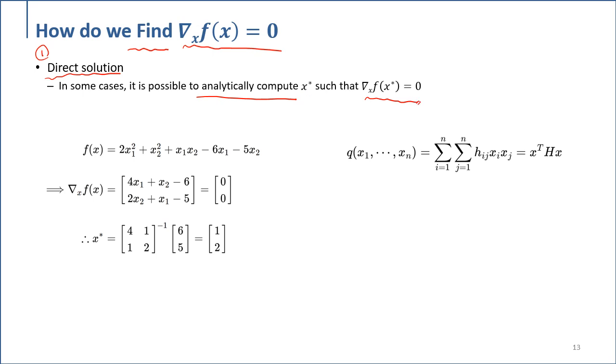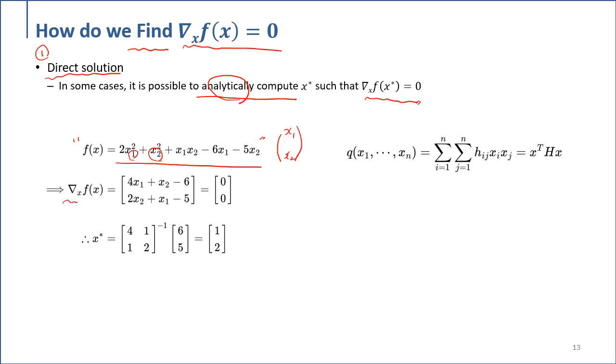It's a kind of lucky case because we can compute it analytically. Let's take an example: say we have a function f of x like this. As you can see, we have two variables, x1 and x2, so f is a function of x1 and x2.